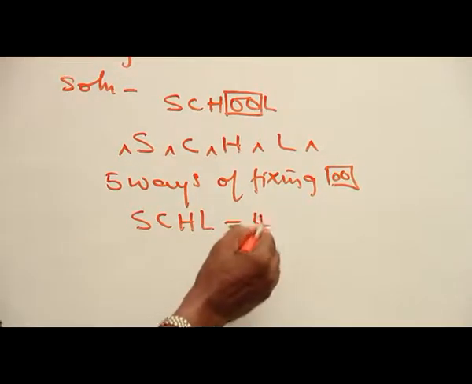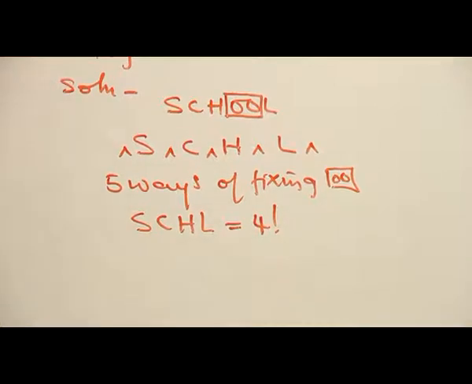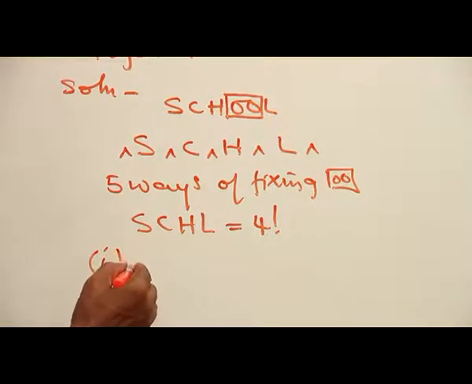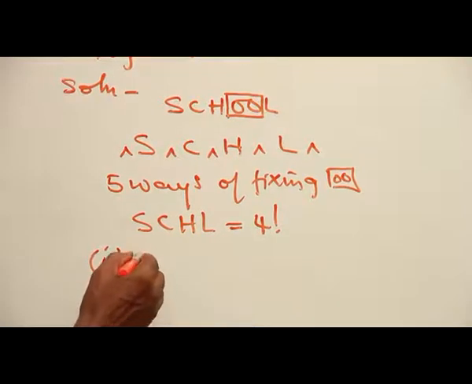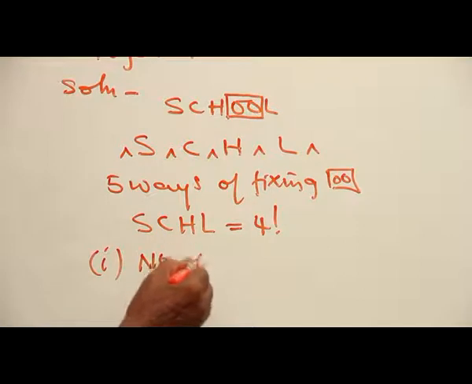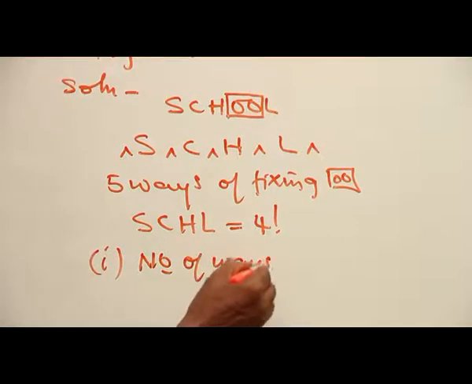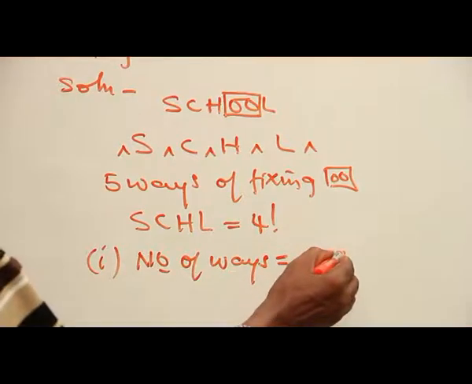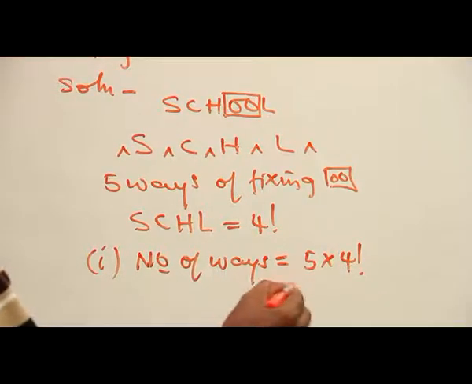In 4 factorial ways, bringing the total number of ways of doing that. So therefore, for the 2 O's to be next to each other, the number of ways will now be equal to 5 times 4 factorial.